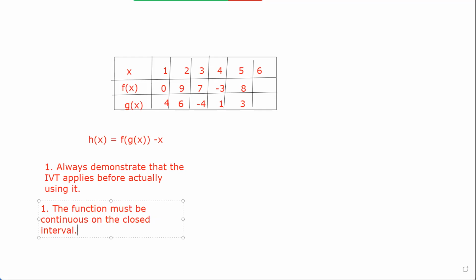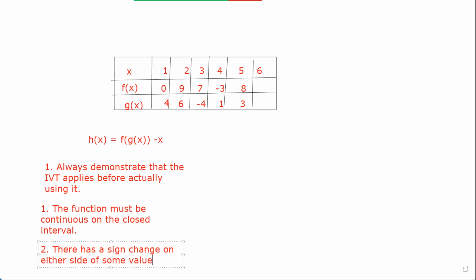And we saw from last night that there has to be, I'm going to write this another way than the theorem actually does, a sign change on either side of some value that they're talking about.